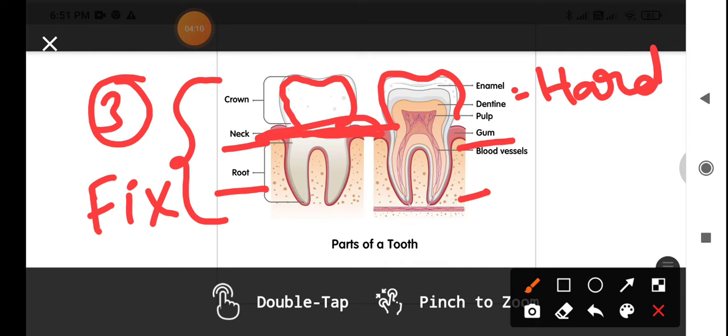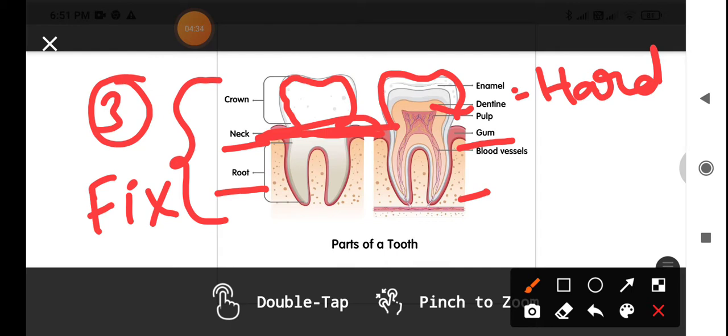And just below the enamel you have dentine. This layer supports the enamel, it's giving support to the enamel. So the first part is enamel, the second part is dentine. Dentine gives support to enamel.